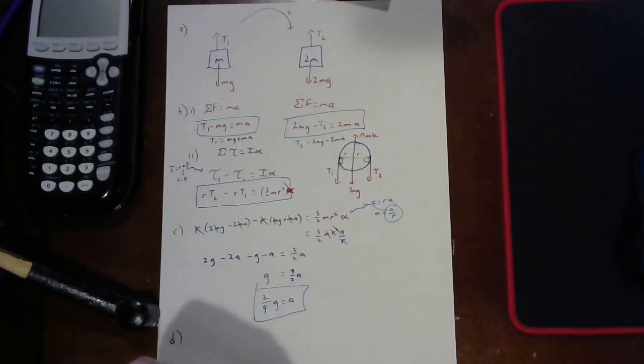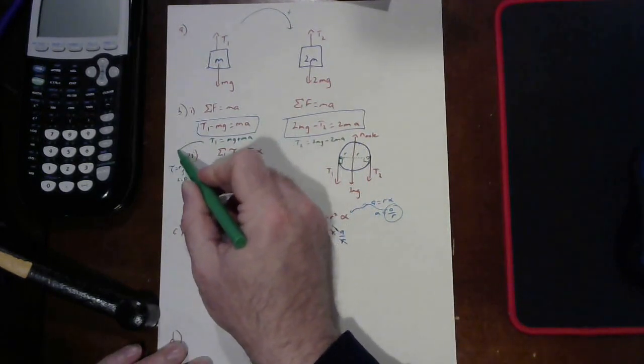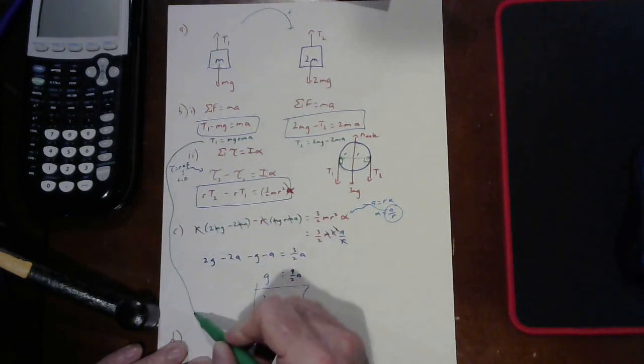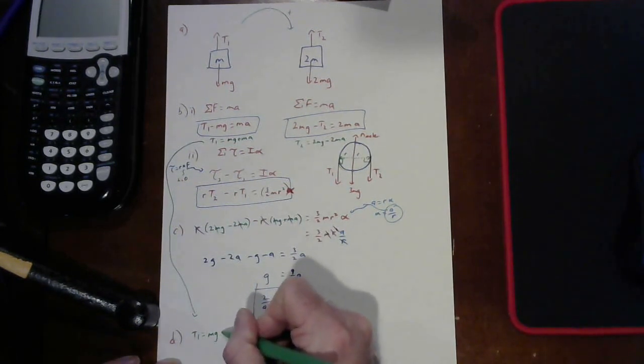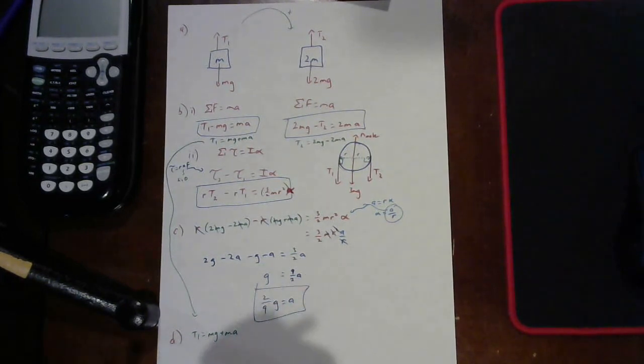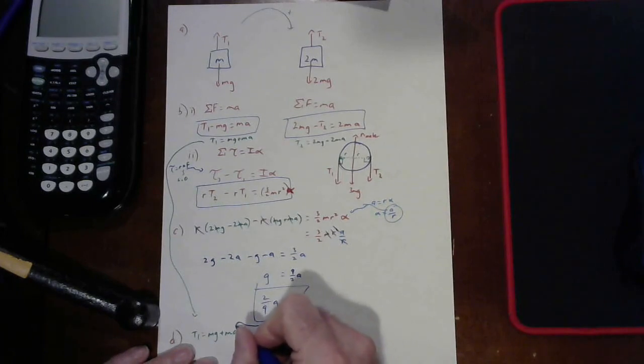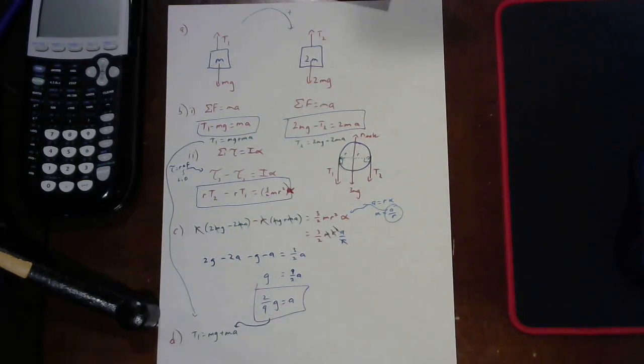I'm just going to grab that expression that we figured out before. I would get that T1 is mg plus ma. And where it says a, we're going to put in that 2/9 g.